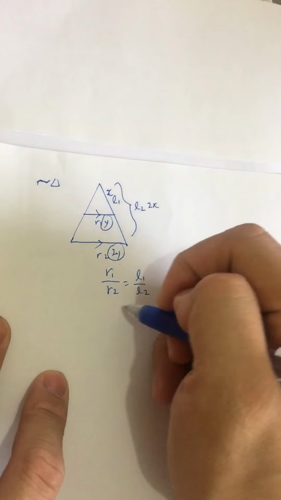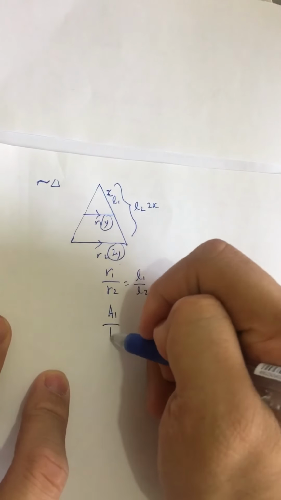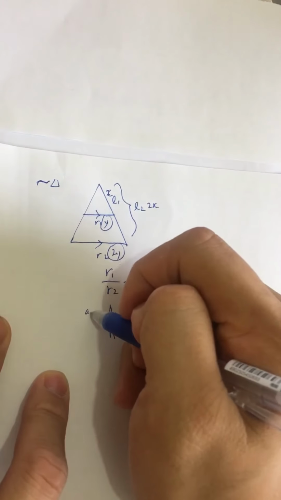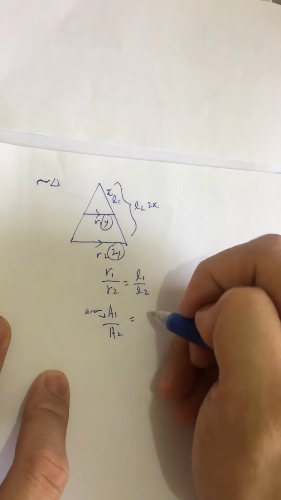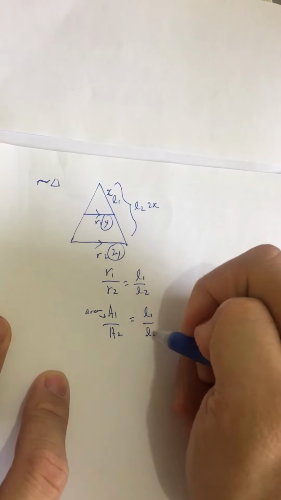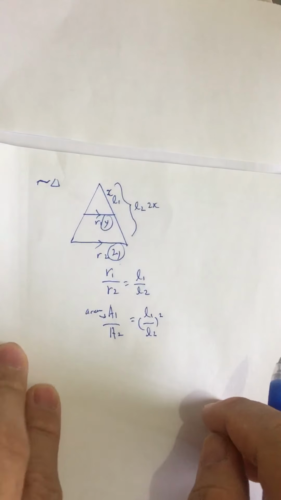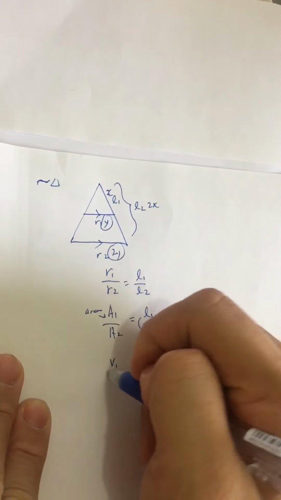And the other two are A1 over A2, which means area, equals any type of length of them divided by each other and squared, okay? And the third one is about volume.